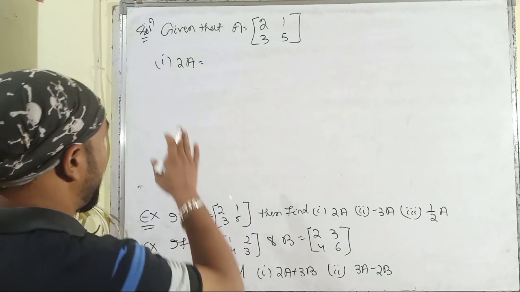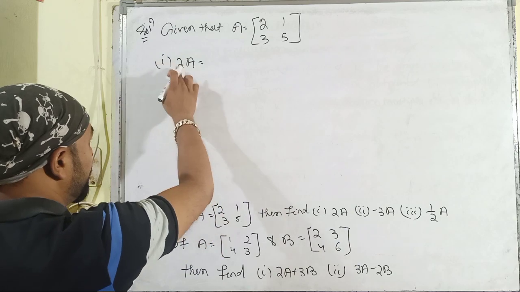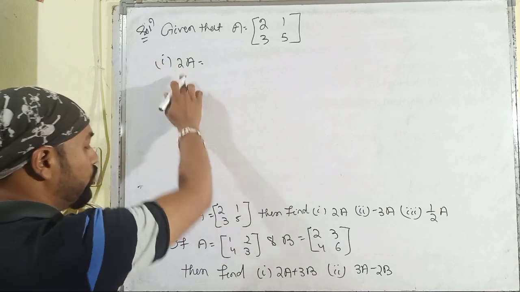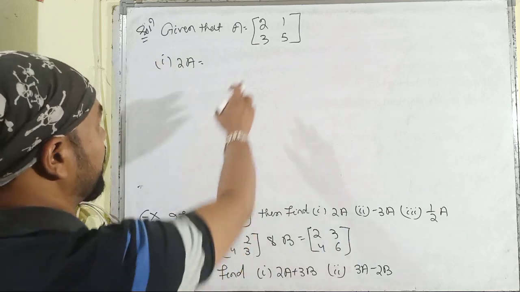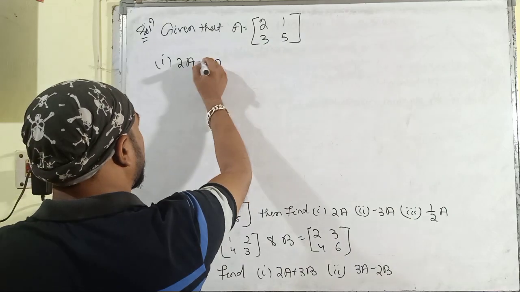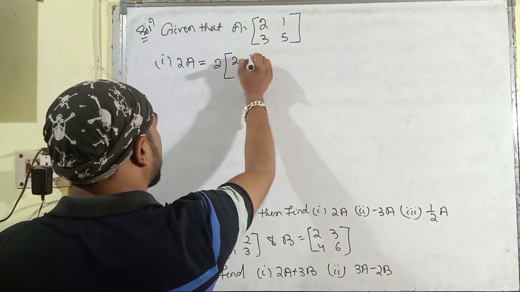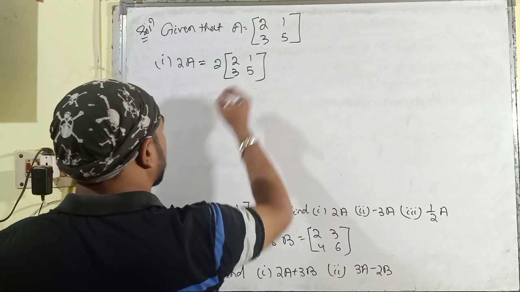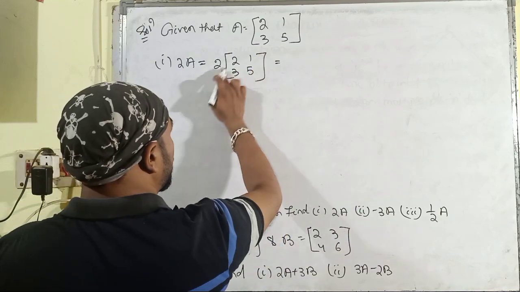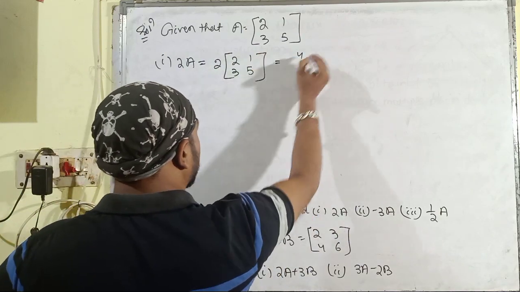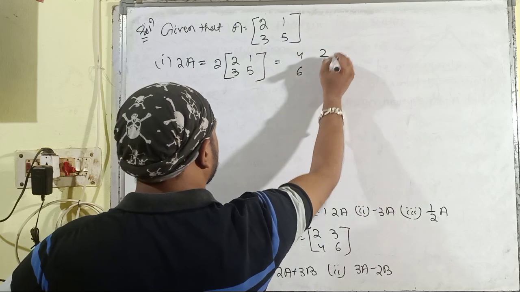That means we have to multiply the scalar 2 to each element present in the given matrix. That means 2 will be multiplied to all of the 4 elements present in the matrix of order 2. That means 2 multiplied with 2 gives us 4, then 2, it is 6, it is 10.